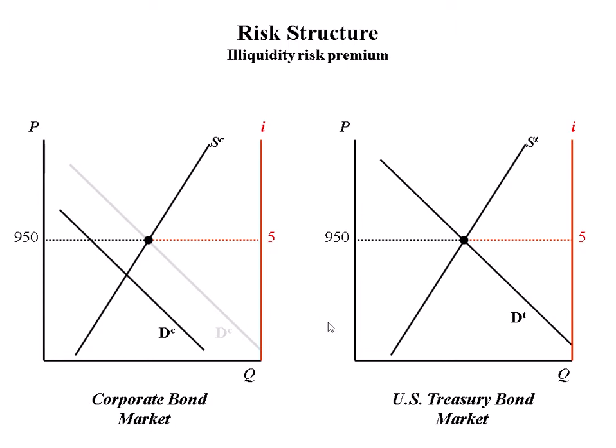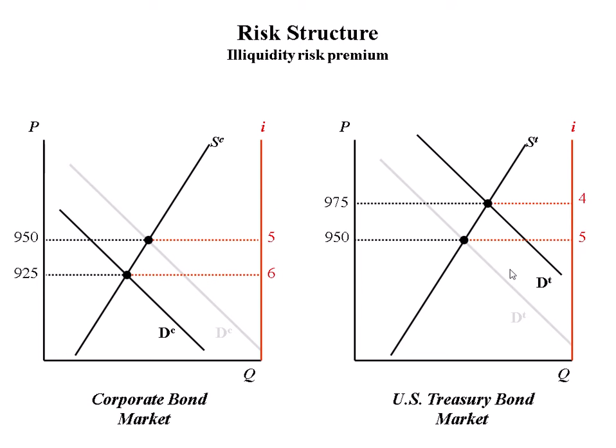The treasury market is just much more liquid. There's more buyers to sell to at any given point in time, so that market tends to be more liquid. Okay? So the demand for corporates is going to be a lot lower relative to the demand for treasuries. And that, again, creates a differential between the yields.